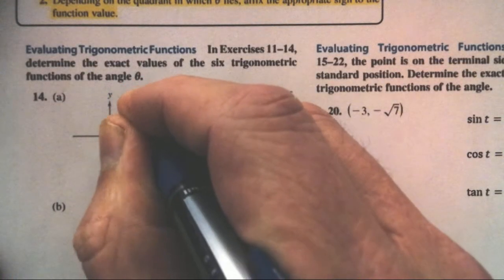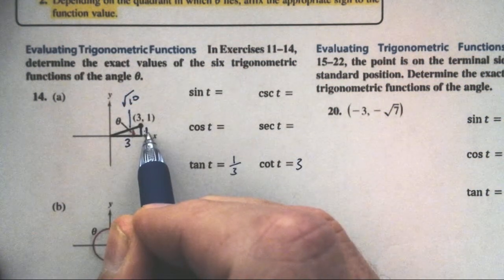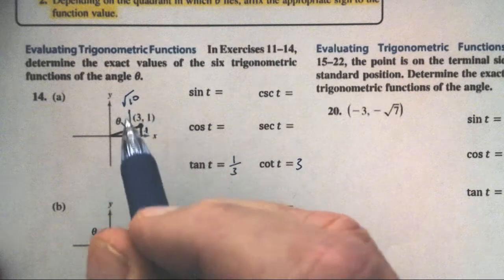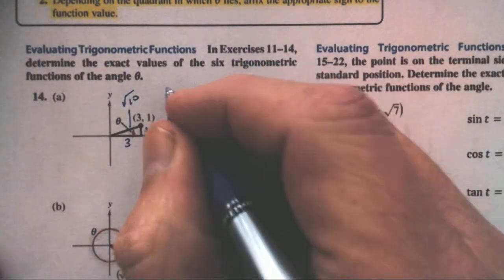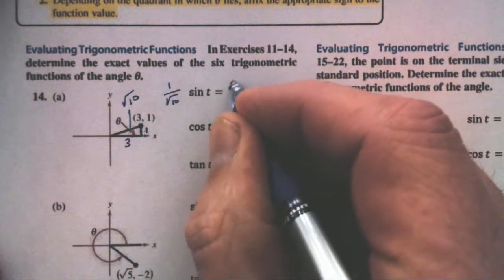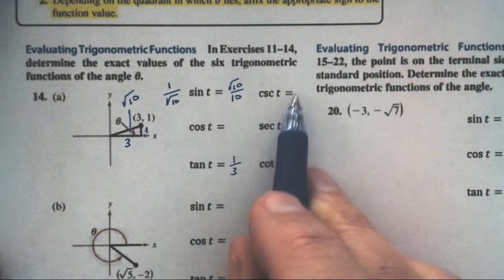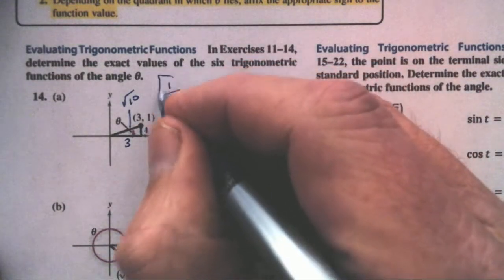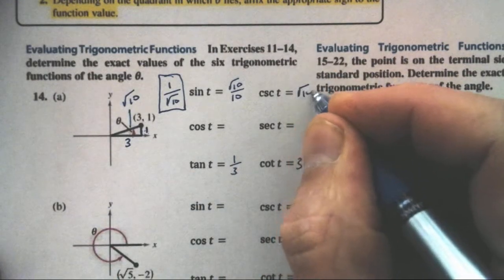This side is square root of 10, which makes sine the opposite 1 on the hypotenuse, or better yet, y on r, 1 on square root of 10. I'm going to put it over here. Rationalize that, square root of 10 on 10. Cosecant, the reciprocal of sine, plain old square root of 10.